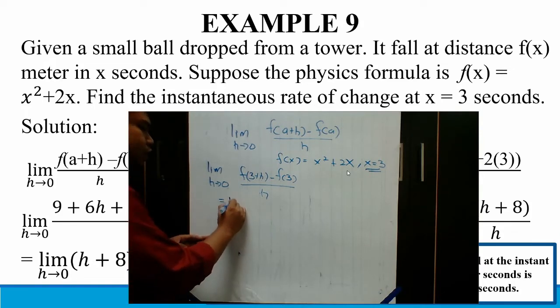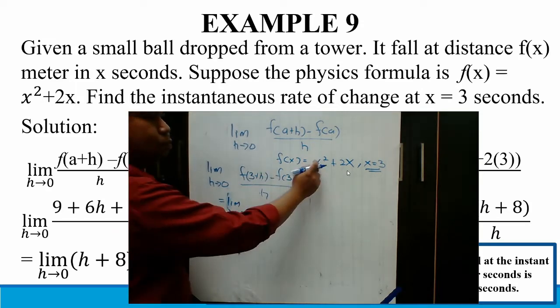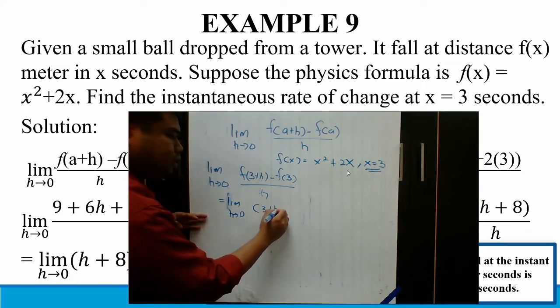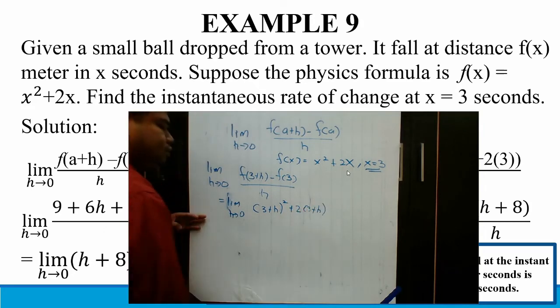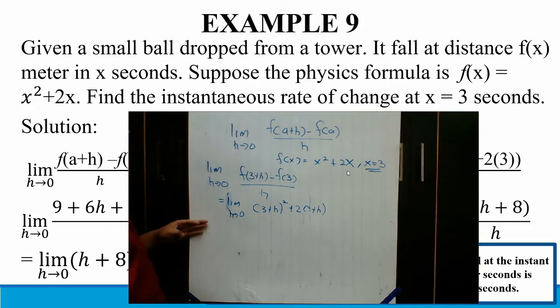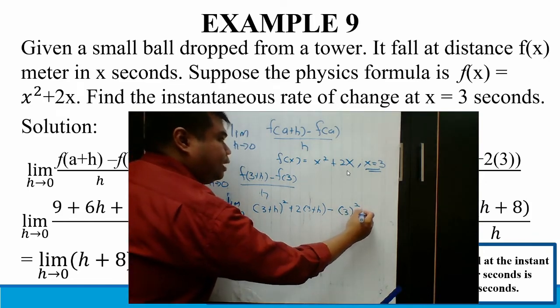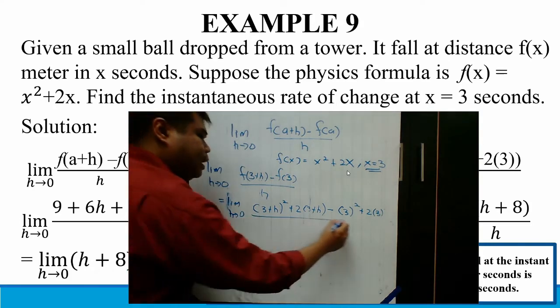Which is the limit as h approaches 0. You put 3 plus h inside, which is (3 plus h) squared plus 2 times (3 plus h), minus 3 squared plus 2 times 3, divided by h.